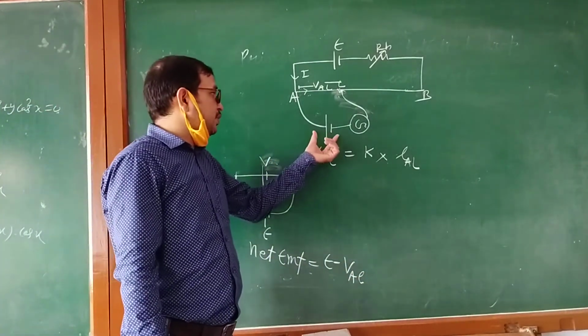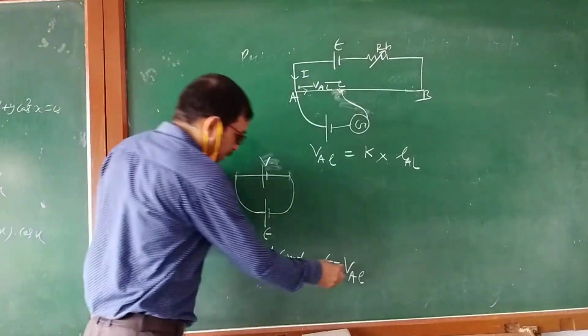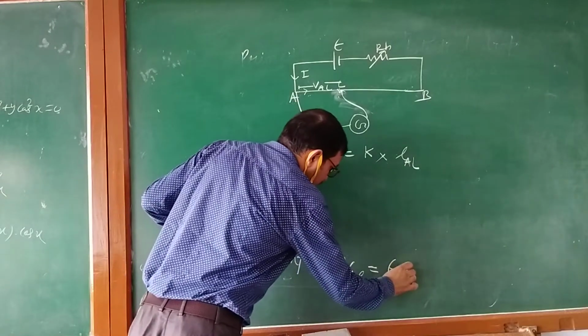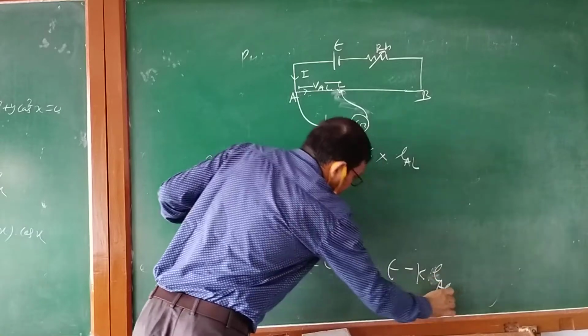And we are assuming that this EMF is greater than this potential drop. What can we write about AL? K into the length of this section.